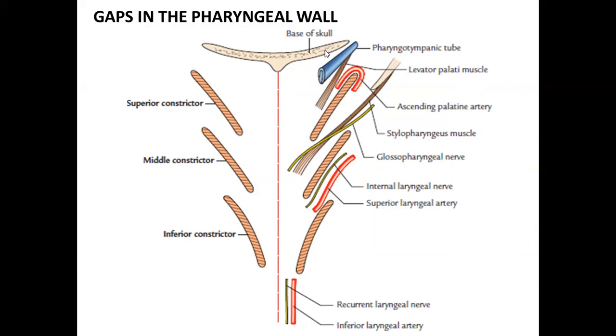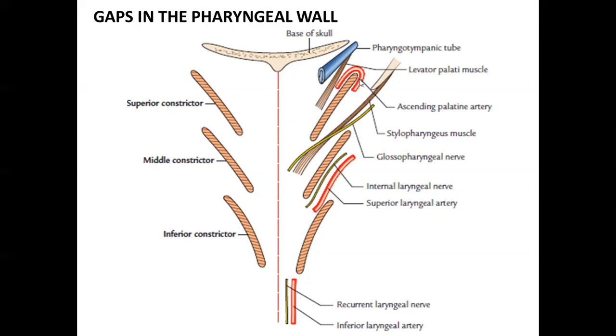They ask you what are the different gaps and what are the structures that pass through them. This is an important viva question. So what passes through here? We have the auditory tube, a muscle attached to the auditory tube, the levator palatini muscle, then an important artery, the ascending palatine artery, and the palatine branch of the ascending pharyngeal artery as well.